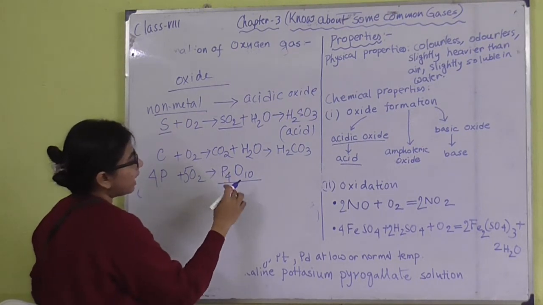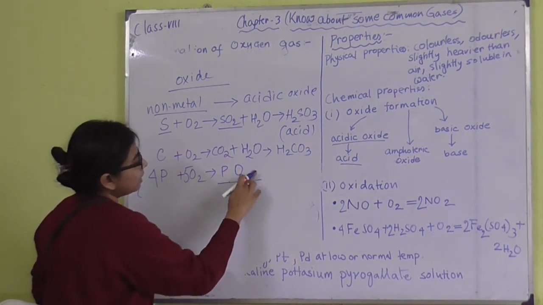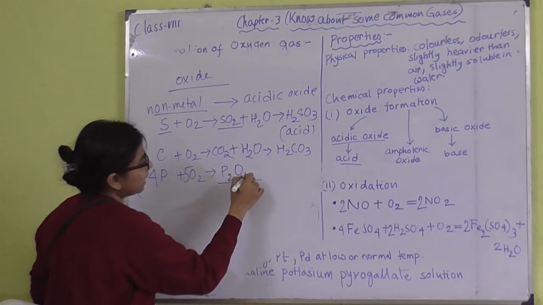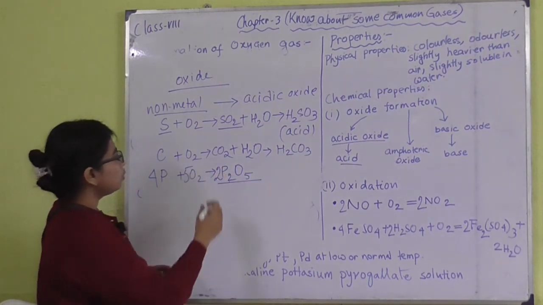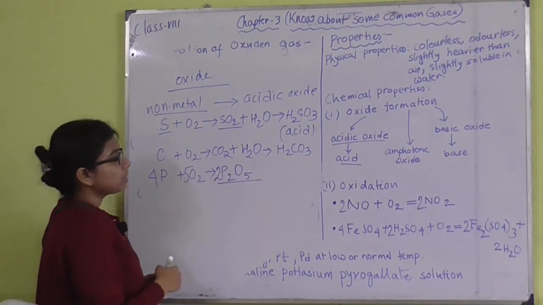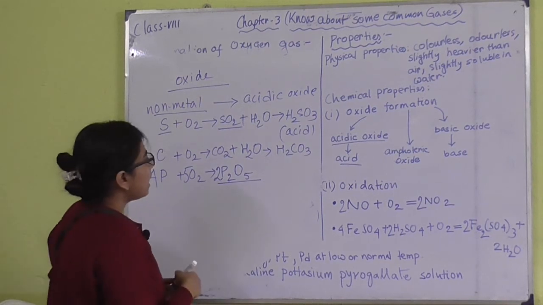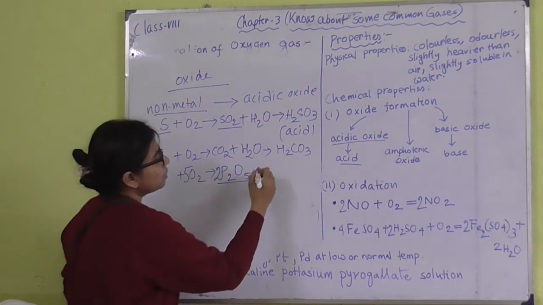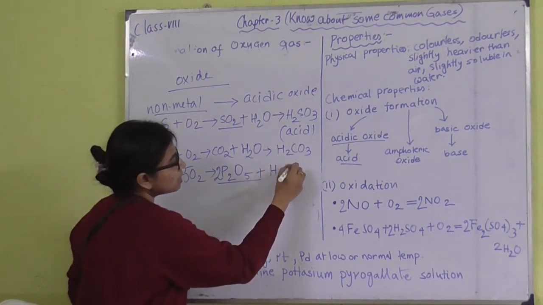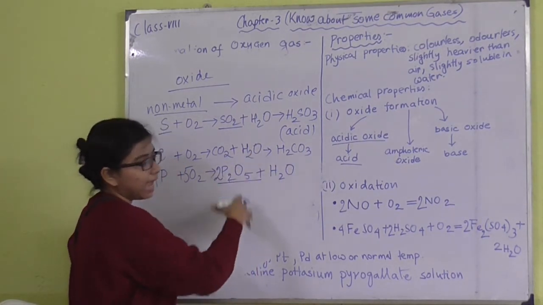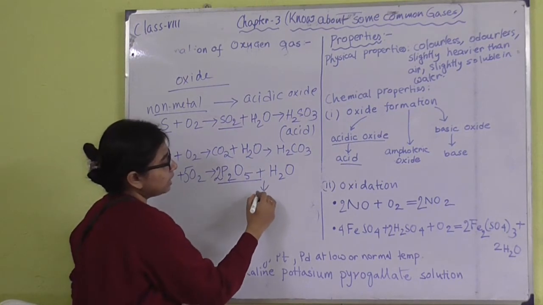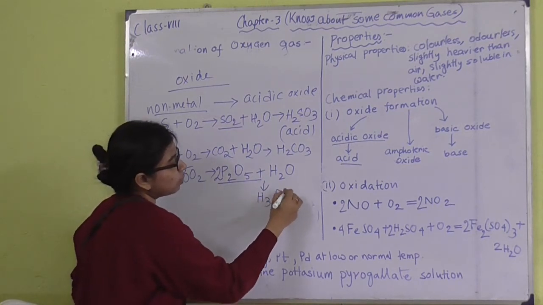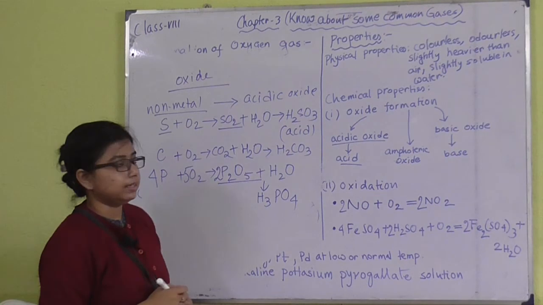We can write this also in this way, that is P2O5, 2P2O5. So, this is phosphorus pentoxide, and obviously an acidic oxide. If we add water to it, it will give us H3PO4, that is phosphoric acid.